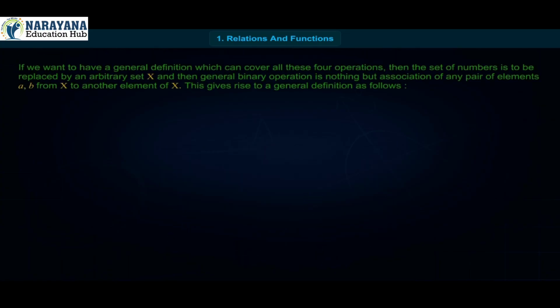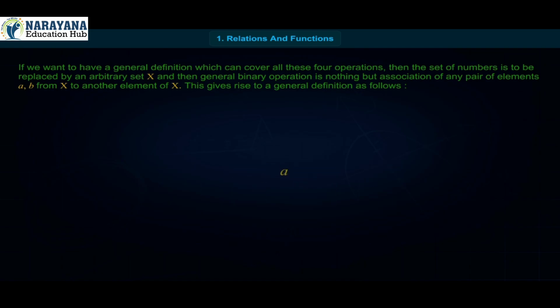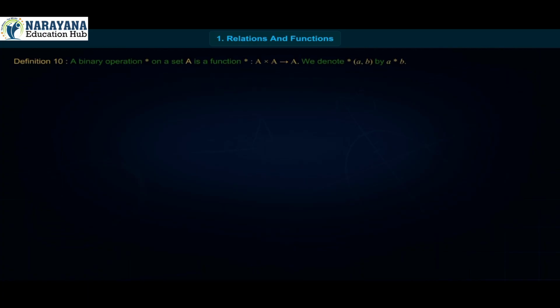If we want to have a general definition which can cover all these 4 operations, then the set of numbers is to be replaced by an arbitrary set X, and then a general binary operation is nothing but association of any pair of elements a, b from X to another element of X. This gives rise to a general definition as follows.